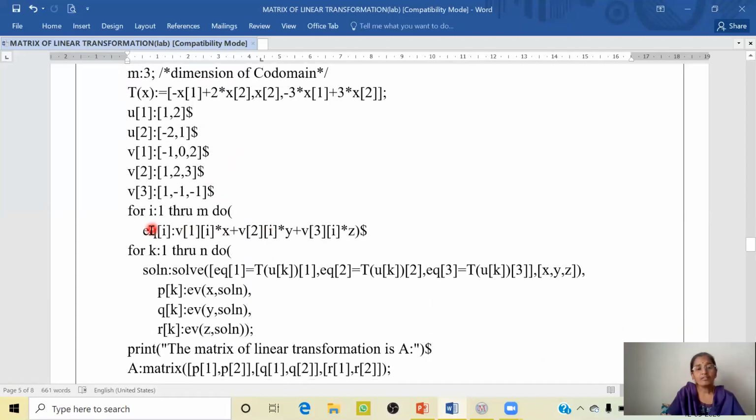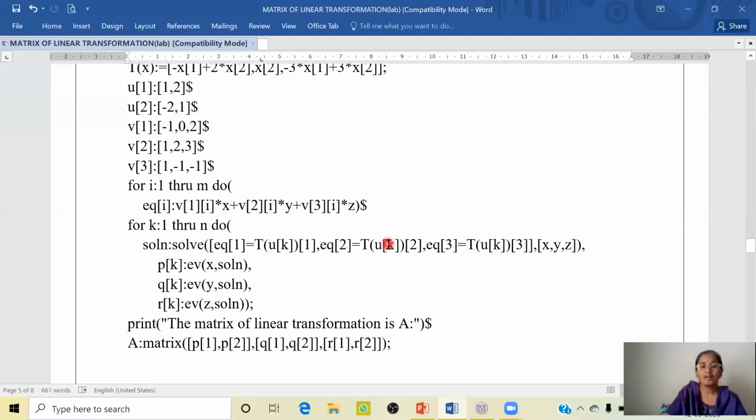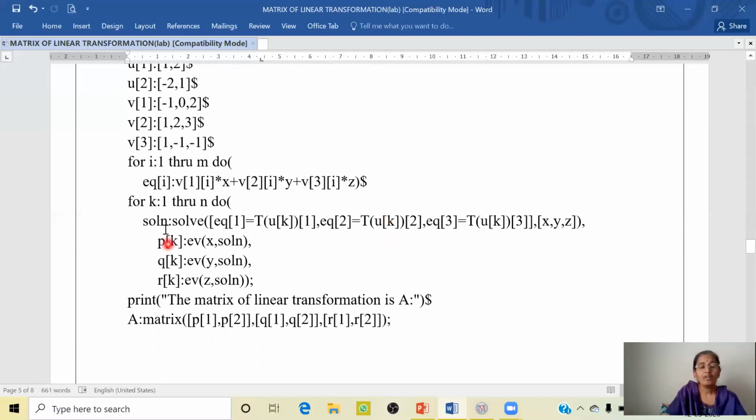So here the first loop consists of I running from 1 through m, where m is the dimension of the codomain, and here equation I will be represented as v1i star x, v2i star y, v3i star z, similar to the previous example. Whereas in the k loop, it runs from 1 through n, and n value is 2. Therefore, here we have only 2 vectors in V1.